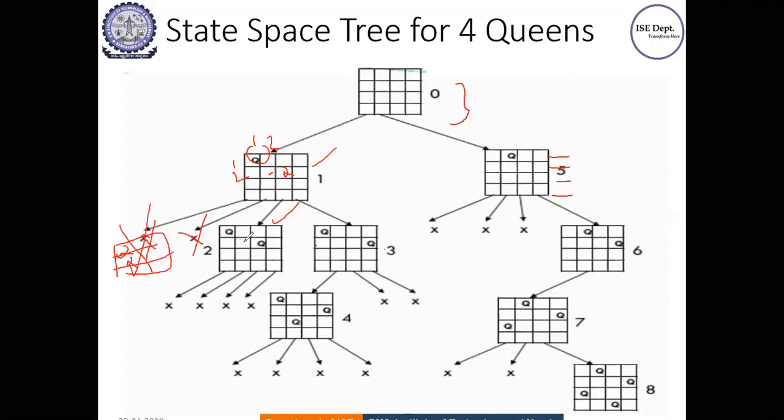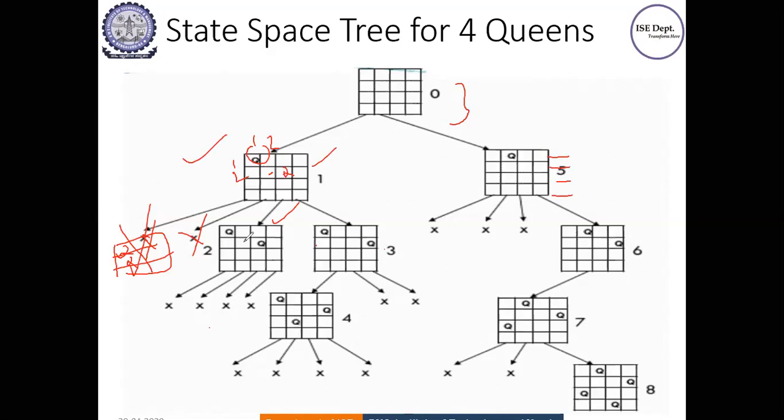Next, for the second row and second column, even that is not possible because we have an attack. Am I clear? This just increments row wise, placing the queen column wise: first column, second column, third column. Okay, so go for the next one.